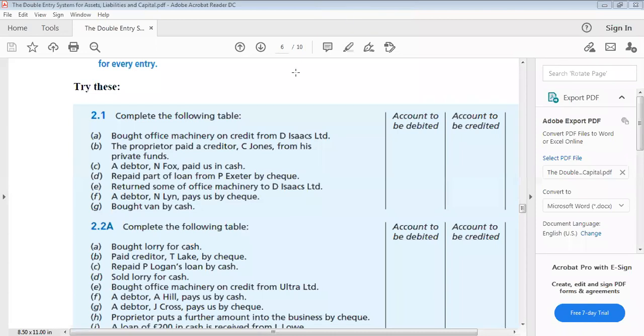For A, now, it's buy office machinery on credit from B Isaacs Limited. Which two accounts are affected? The machinery. What would you do with it, by the way? You're going to debit that account because it's an asset.